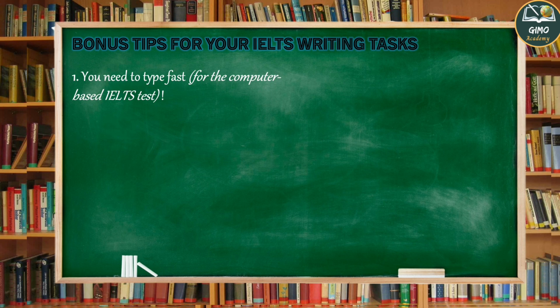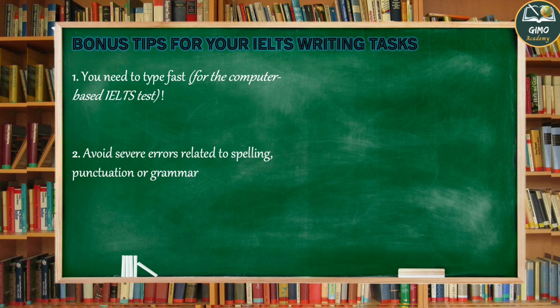If you want to get a higher score, your essay shouldn't have any severe errors related to punctuation or grammar. If there are errors, they should be minimal or insignificant. Here we are. If you follow the 5 steps above, all those steps described in this video, you can write your essay in under 20 minutes and get a higher score.